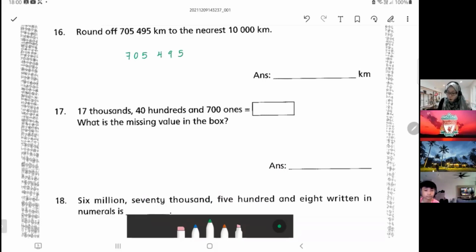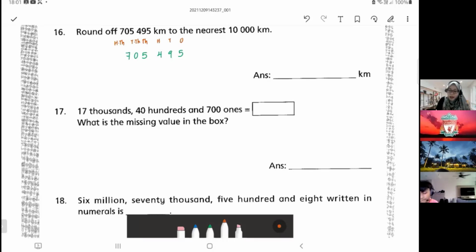Again, if you do not know what to do, label the place value, the houses of the numbers. Ones, tens, hundreds, thousands, 10,000s, 100,000s.